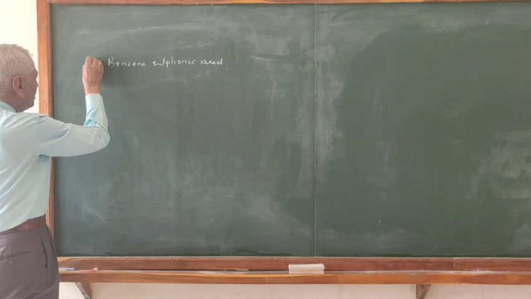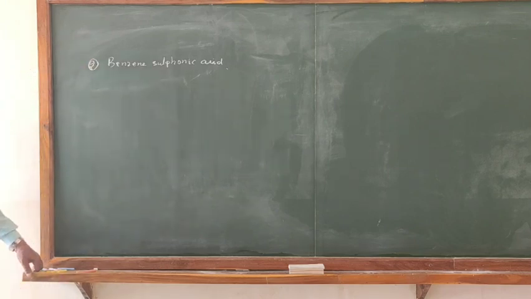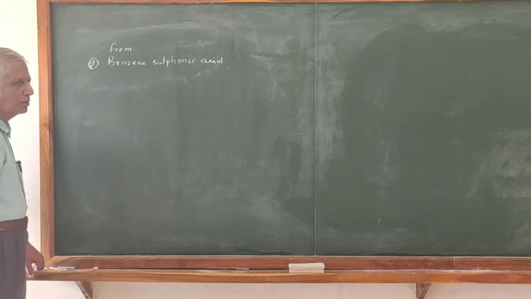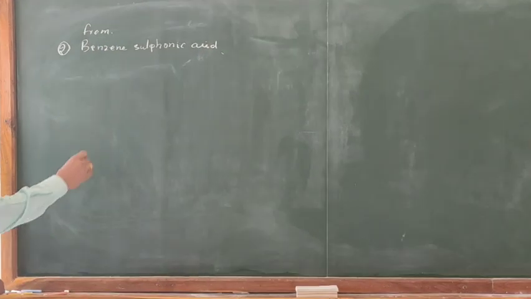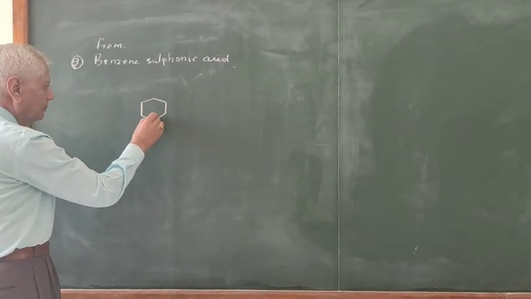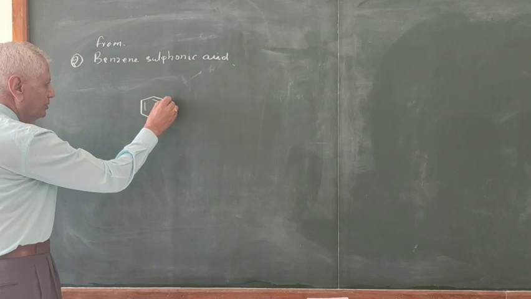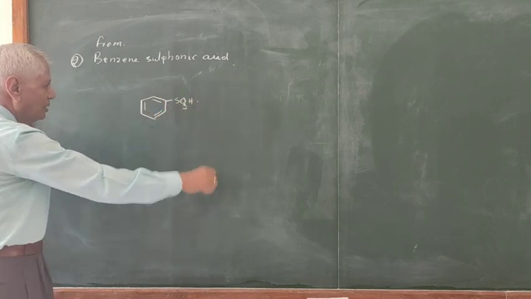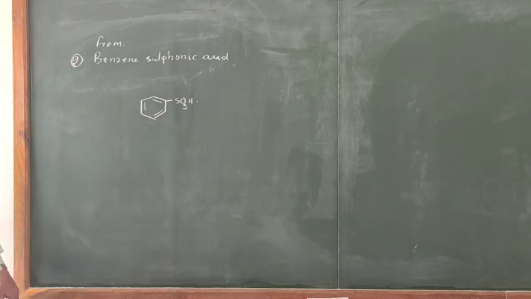So the second method of preparation of phenol is starting from benzene sulfonic acid. What is benzene sulfonic acid? The H of the benzene ring is replaced by SO3H. So this is called benzene sulfonic acid.